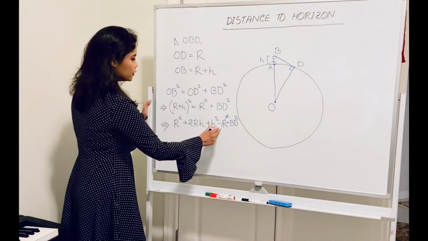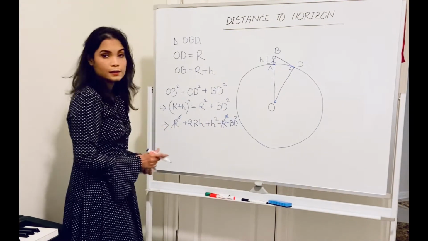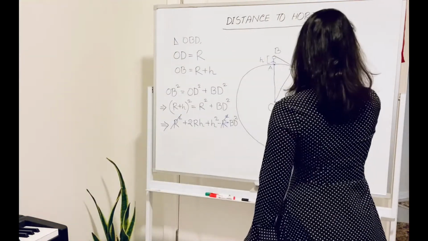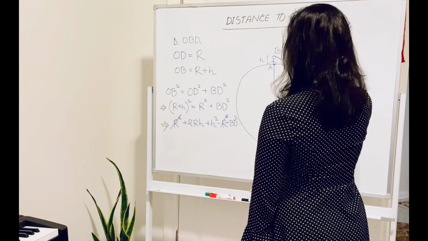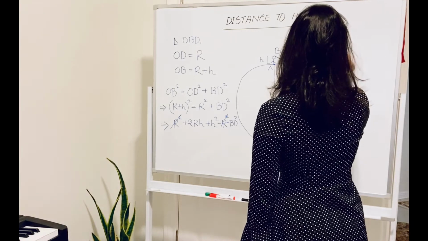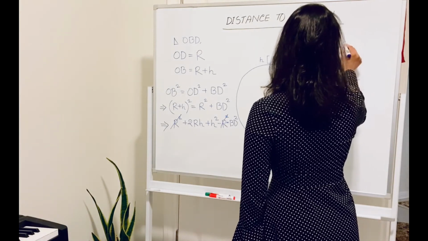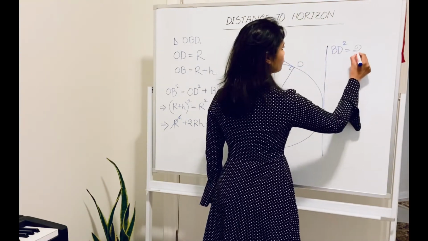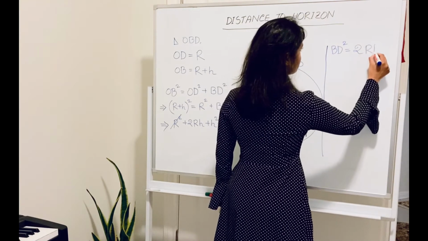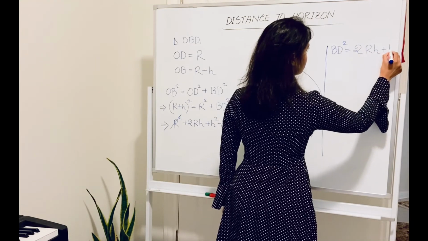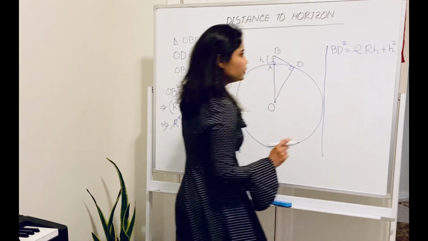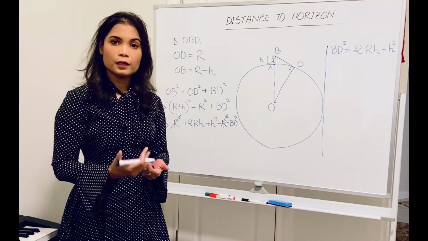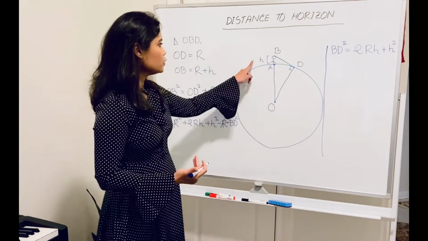Now, as you see, this R squared and R squared cancel out. All I'm left with is BD squared equals 2RH plus H squared.